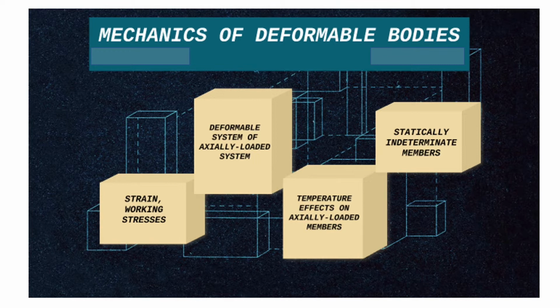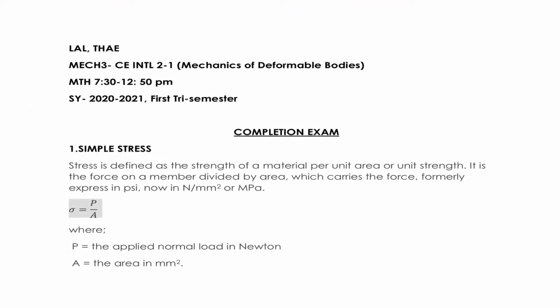First of all, let's start with the first module, lesson 1, which is simple stress. By definition, stress is the strength of a material per unit area or unit strength. It is the force on a member divided by the area which carries the force, formally expressed in PSI, which stands for pounds per square inch, or now in Newton per millimeter square or megapascal.